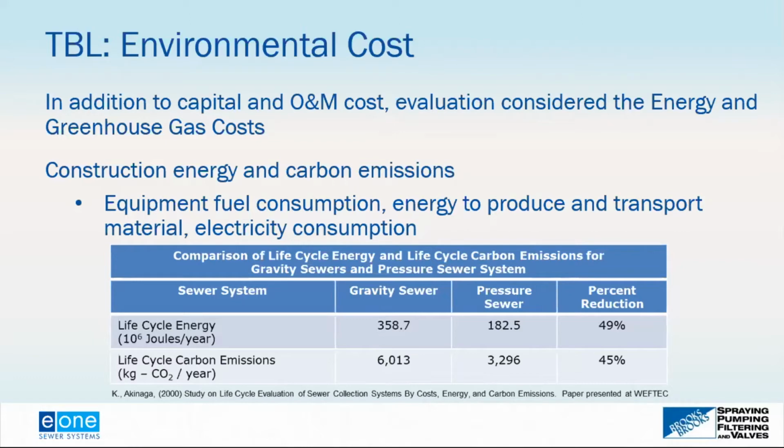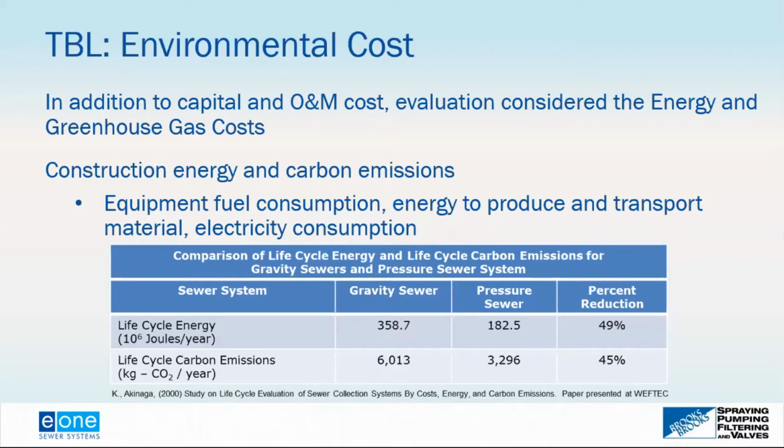And they found that comparing gravity sewer versus pressure sewer, there's a 49% reduction in the life cycle energy of a pressure sewer system compared to the gravity sewer system. And the life cycle carbon emissions produced a 45% reduction for pressure sewers when compared to gravity sewers.